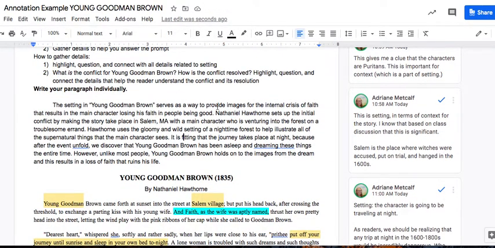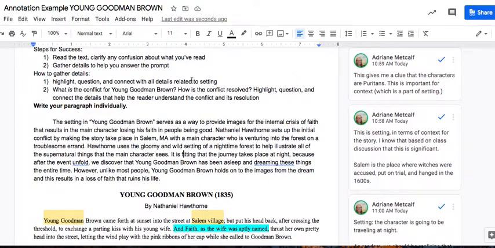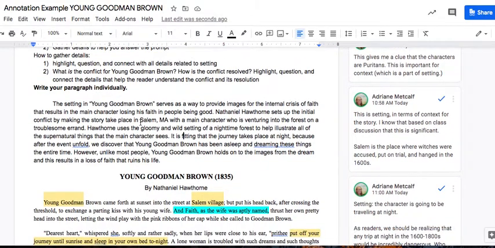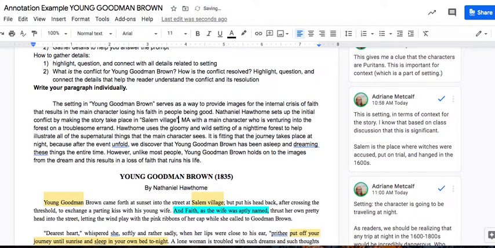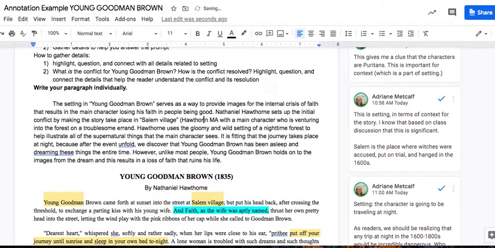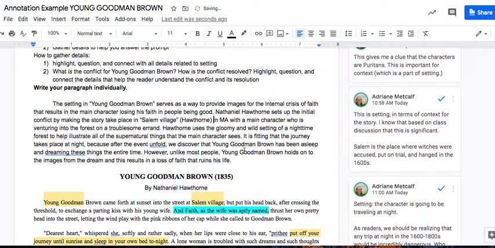But I see here that if I'm talking about setting, then I need to actually make sure that I am pulling things straight from the story. So I'm going to put in Salem Village to give credit to the author. I'm going to put Hawthorne there in parentheses.